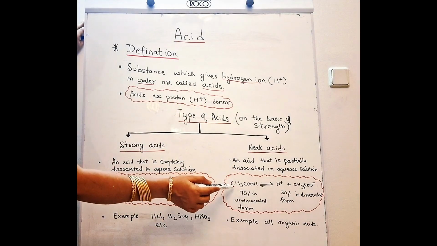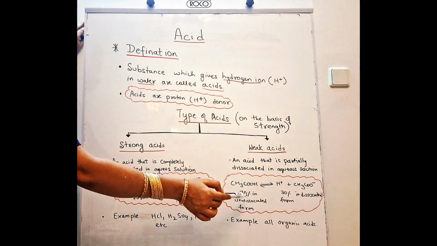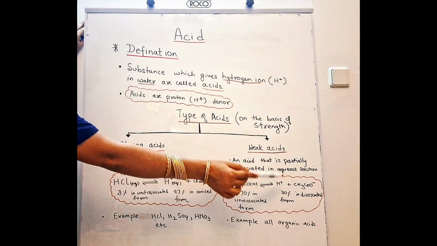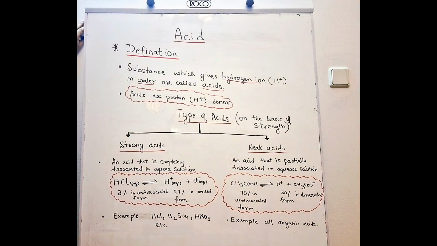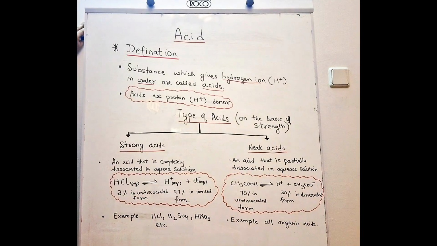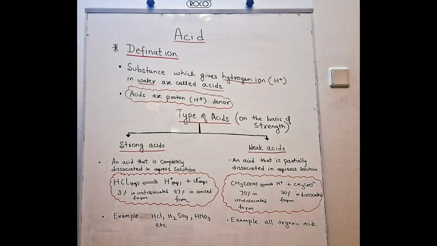Here I have taken the example of ethanoic acid. 70% of ethanoic acid is present in undissociated form. Only 30% of ethanoic acid is present in dissociated form. Most of the organic acids are weak acids because they are partially dissociated. So if it is completely dissociated, it is a strong acid. If it is partially dissociated, it is a weak acid.